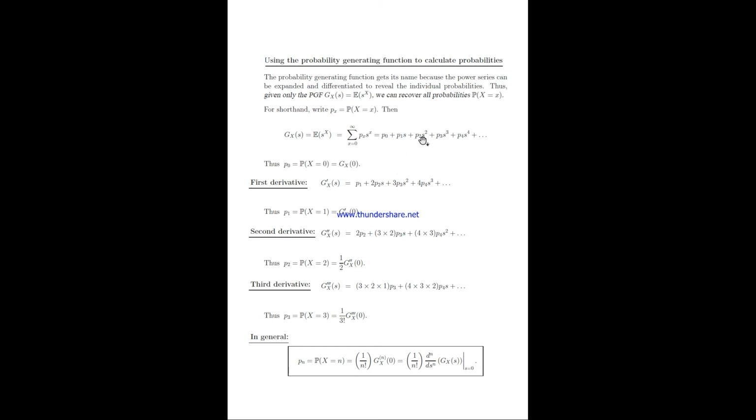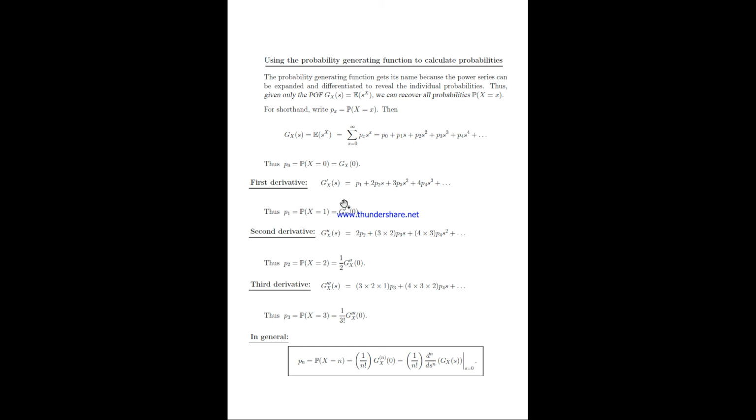Then you have p2 into s squared, so that is p2 into 2 times s, plus p3 into 3 times s squared. So when you take the first derivative, you can see you have p1 plus 2 times p2 s plus 3 times p3 into s to power 2, likewise.